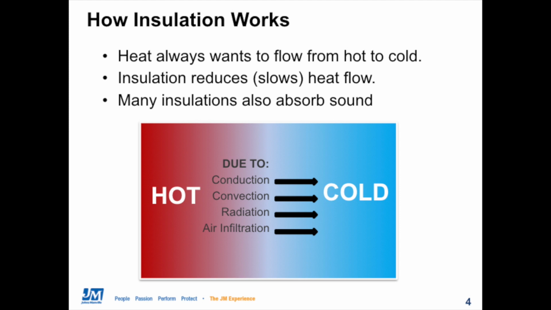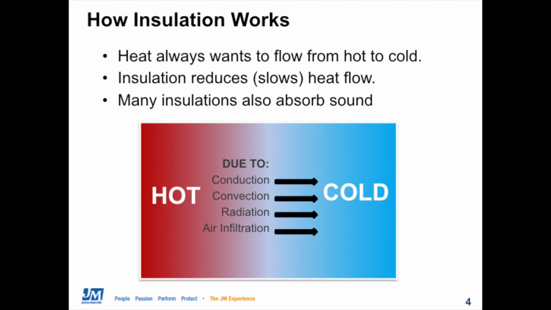The first would be conduction, which is basically just heat flowing through mainly solid materials from hot to cold. Next would be convection, which would be heat flowing through fluids like air. The next one would be radiation, which actually doesn't require any sort of material, any solid or fluid at all, and radiation is basically how the sun heats up the earth.